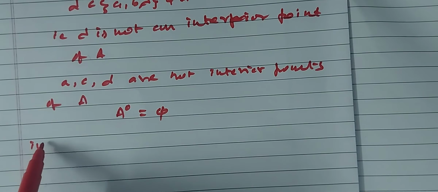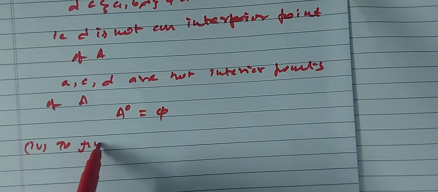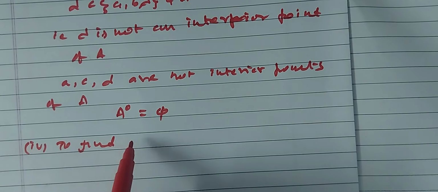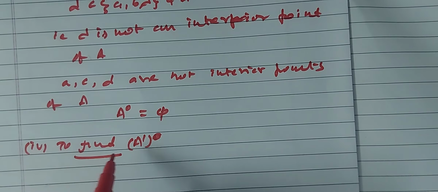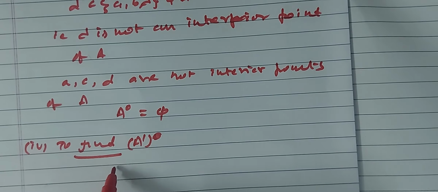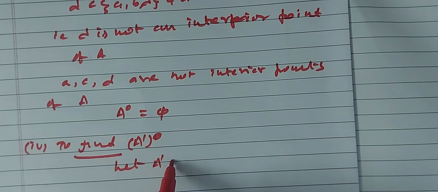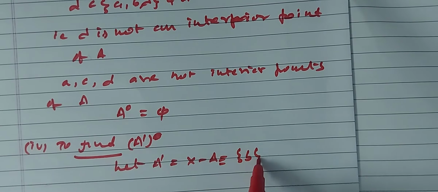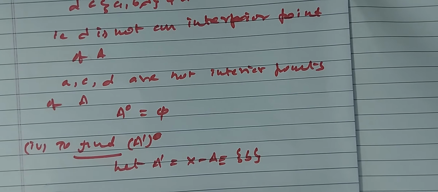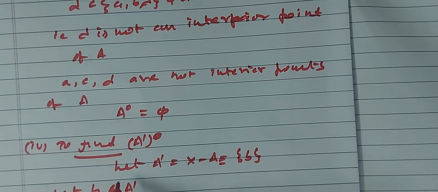Next, fourth point. To find A dash whole power naught, that means the exterior set. Let A dash is equal to X minus A is equal to the set {B}. Next, let B belong to A dash.